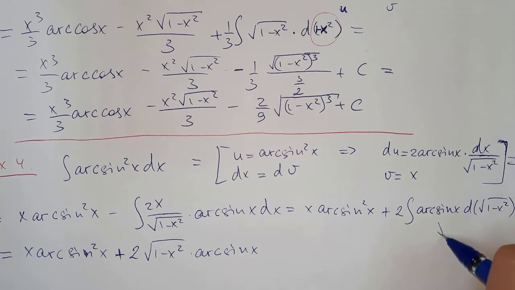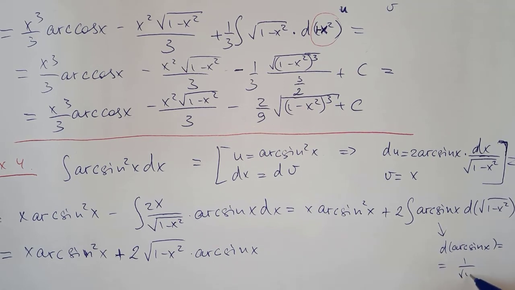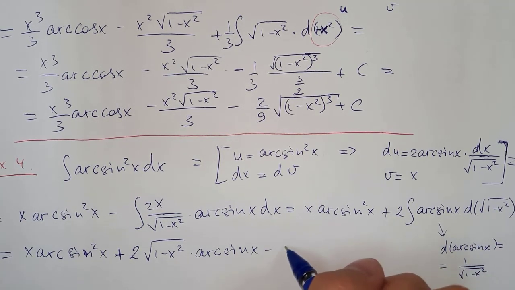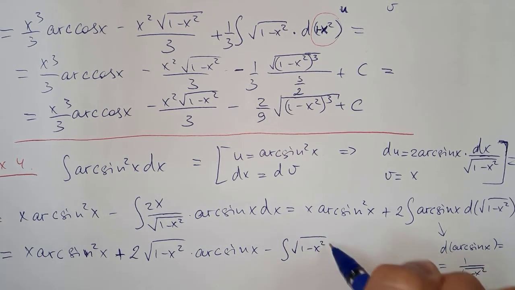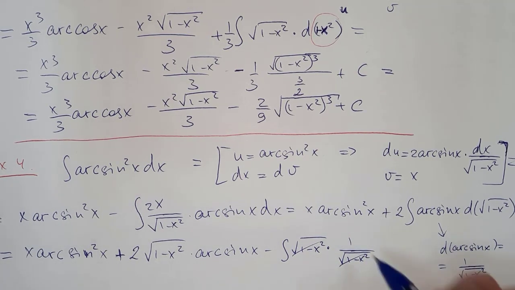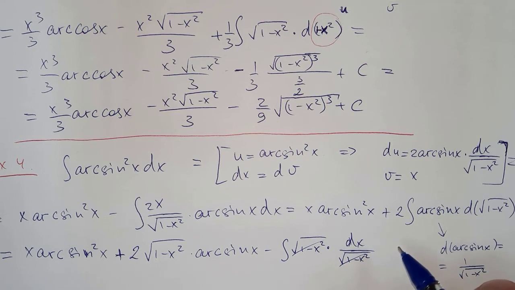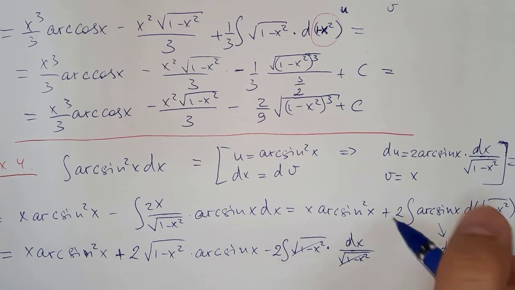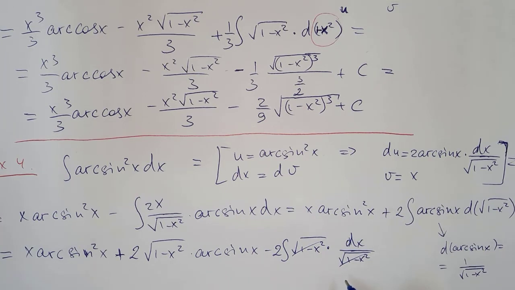So when we write minus v du, they are cancelled, and of course here we have 2 because we need to multiply by 2, and we have just 2 dx in the integral.